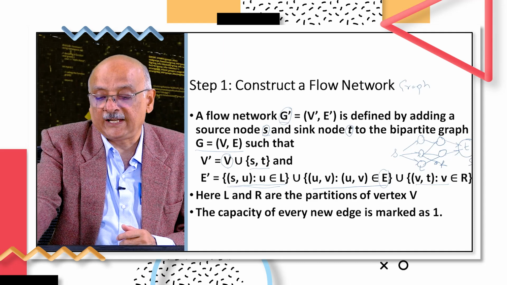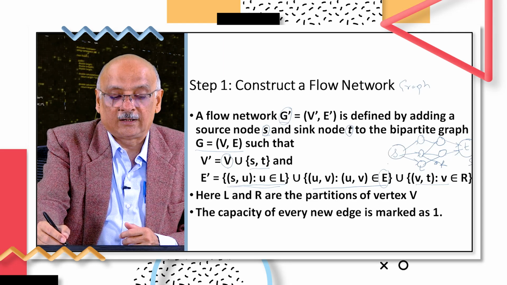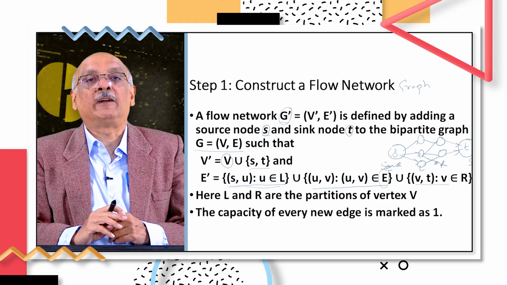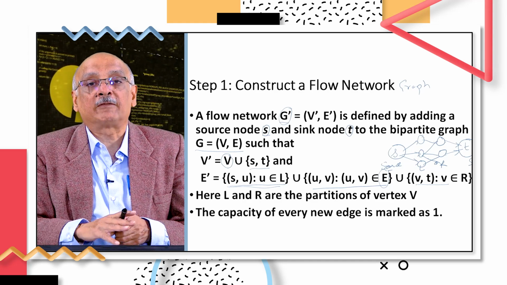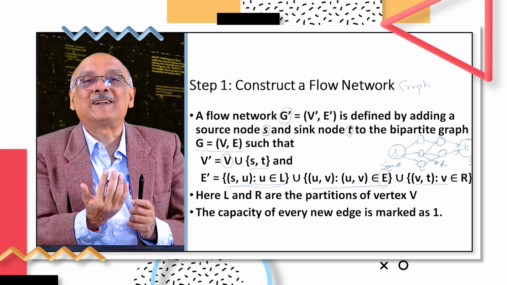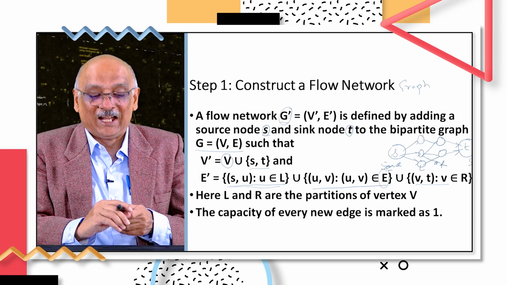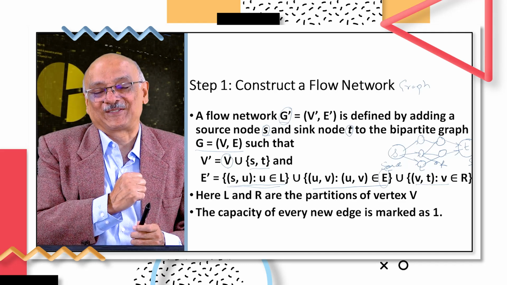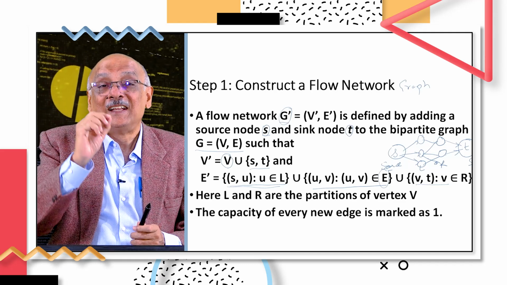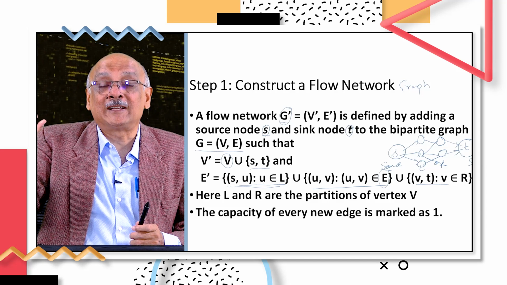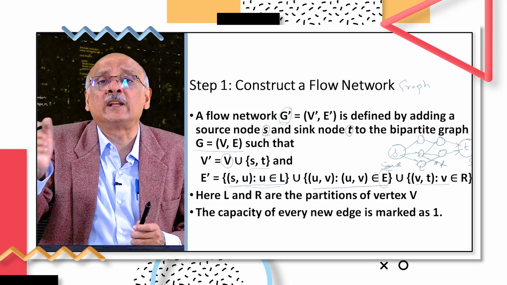So, this is the sink, and that is the source. Source and sink, so we have added them. So, somehow we have created a flow network from a bipartite graph. And a flow network has edge weights also, because that tells us that this much flow can pass through this particular edge, something like road networks.